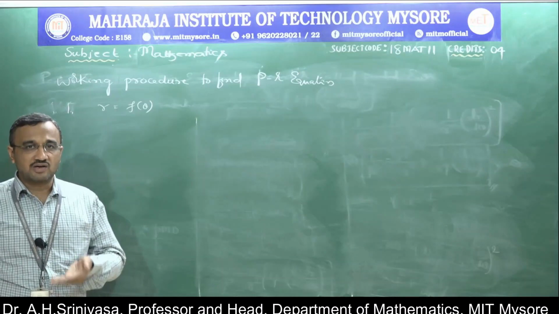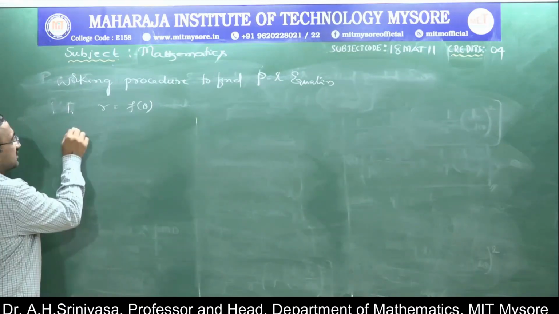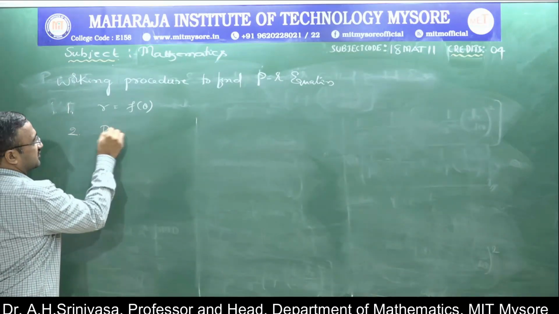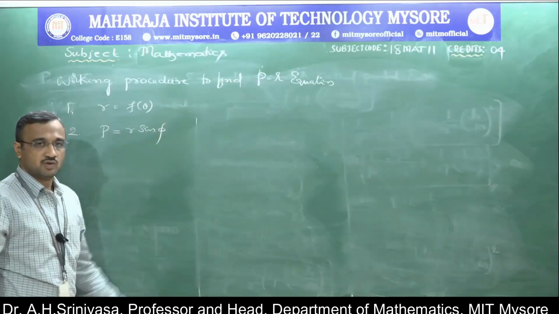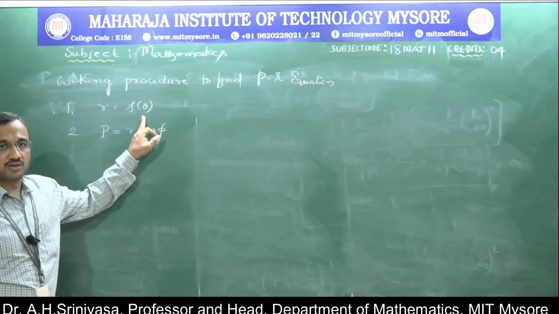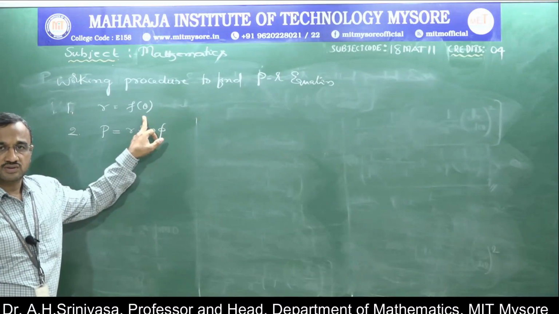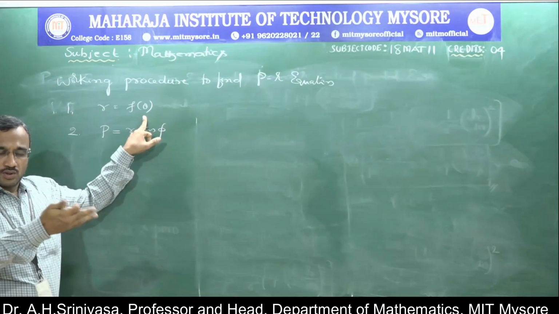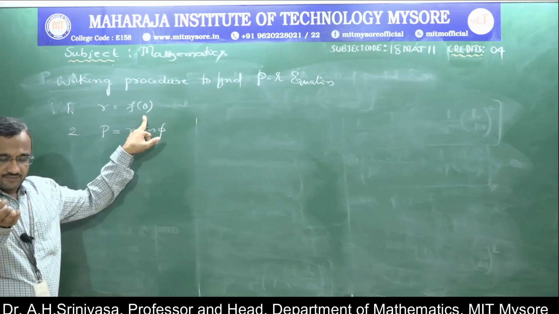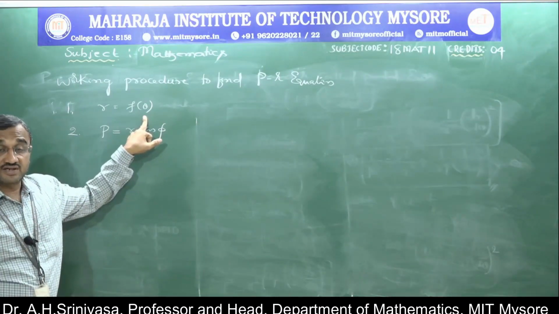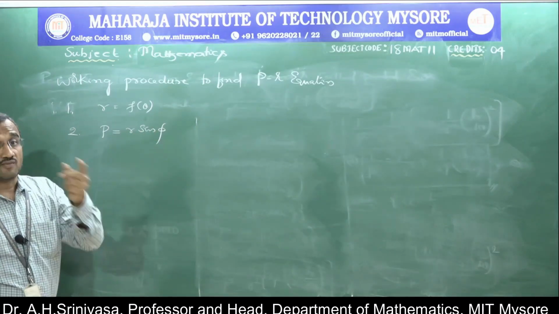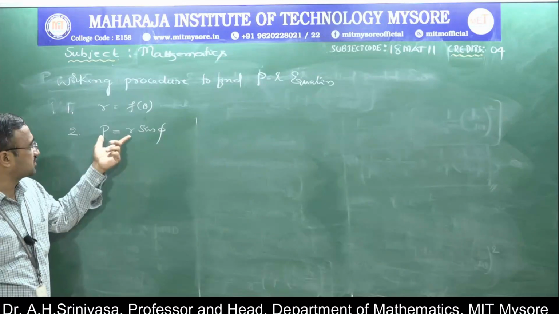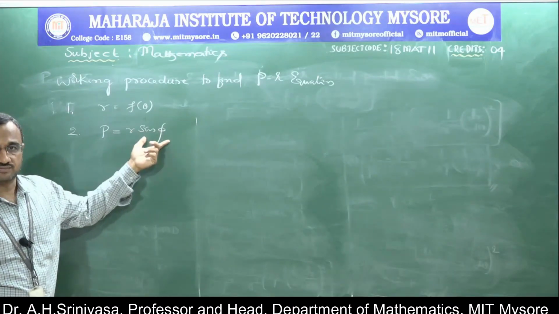That means we have to find the value of phi, using the concept of the angle between radius vector and the tangent. After obtaining the value of phi, substitute it in the equation p equal to r sin phi.